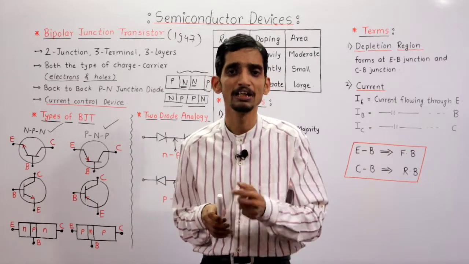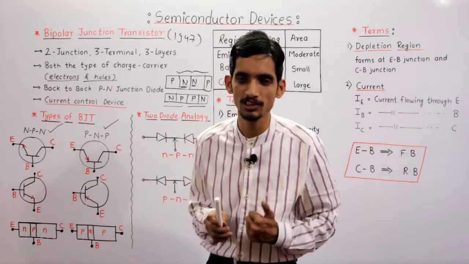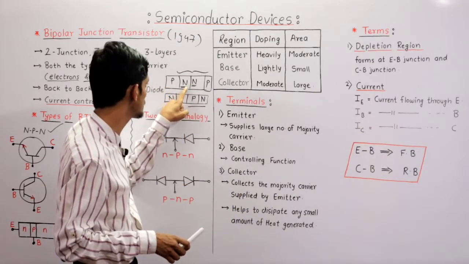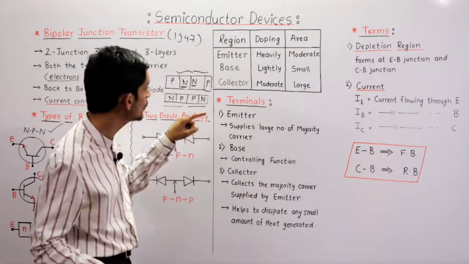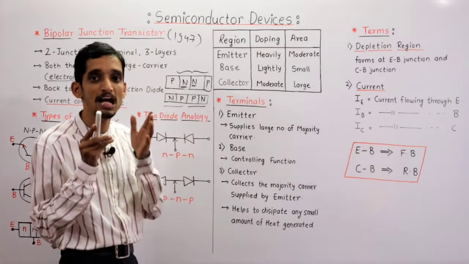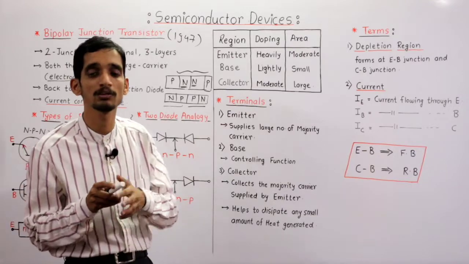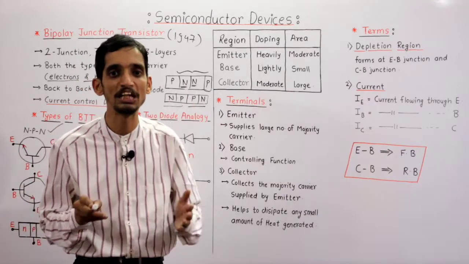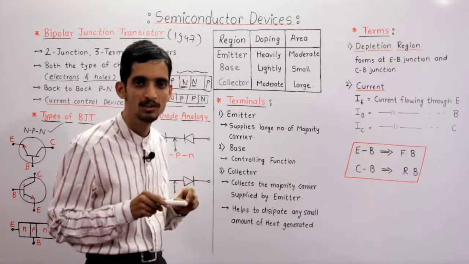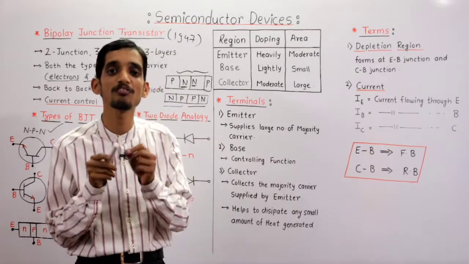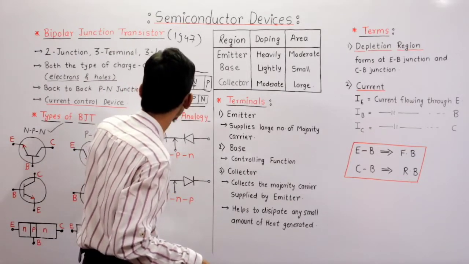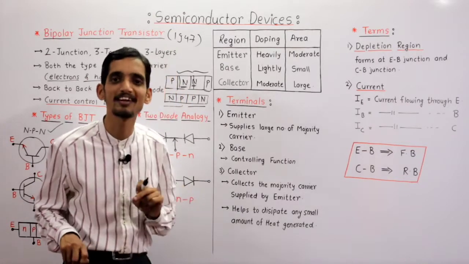It means there is a creation of a depletion region. Why? Because the base of the transistor is lightly doped and the emitter is heavily doped, a large number of carriers from the emitter diffuse into the base, and due to this there is a creation of a depletion region at the junction of the transistor.